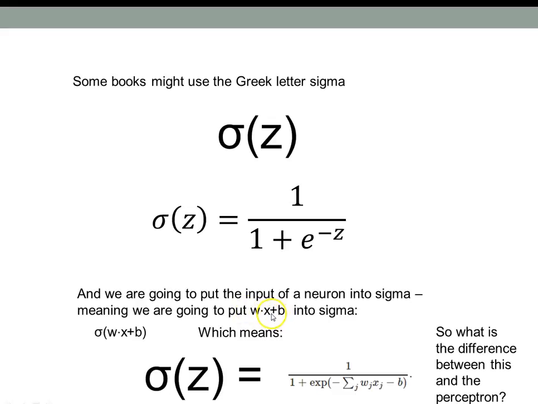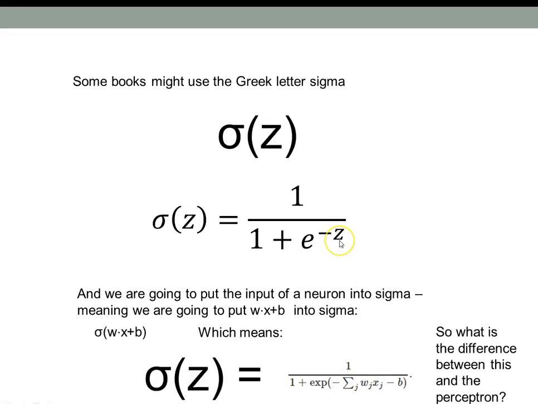What does this mean? It's the dot product. So that's the weights times the inputs plus the bias. Okay? So that's going to be the input, right? So we're going to put that into the sigma function. So it's going to be here.